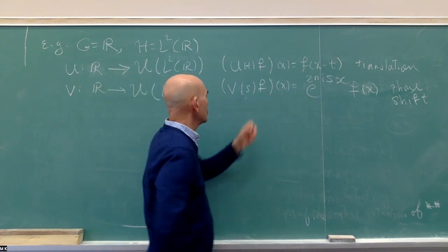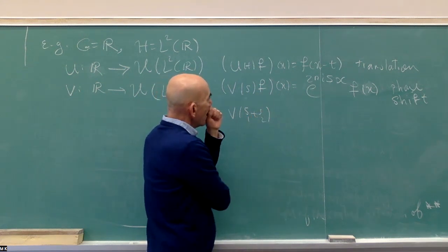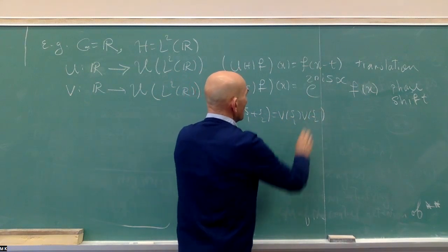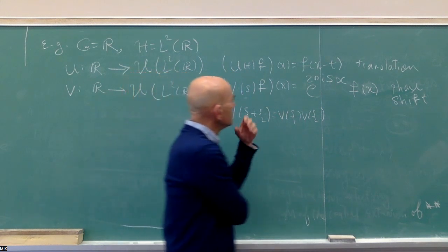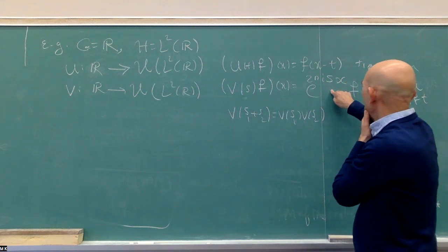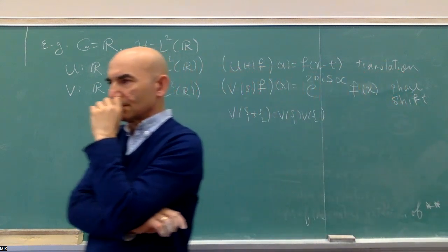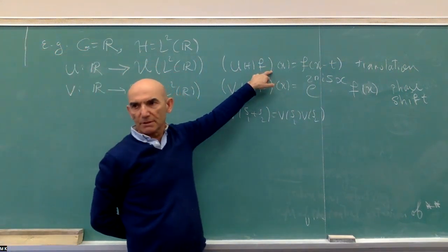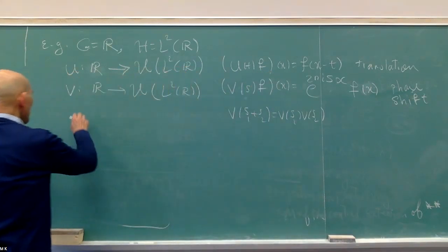I'm saying V of S1 plus S2 is equal to V of S1 times V of S2. Yes, it is. I'm pretty sure. Okay, so that's good. For the first one, of course, it is obvious. Okay, good.